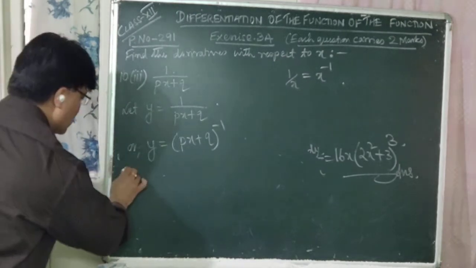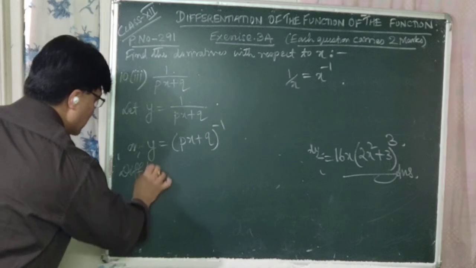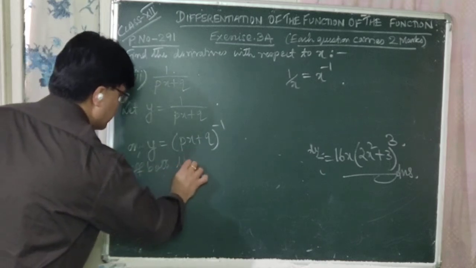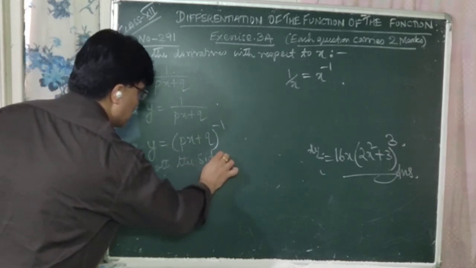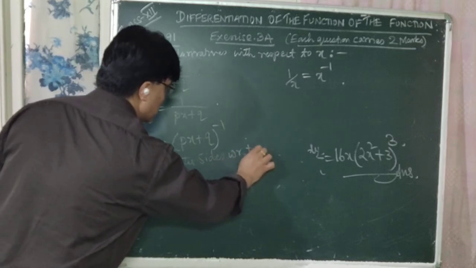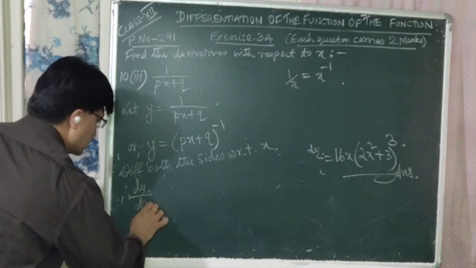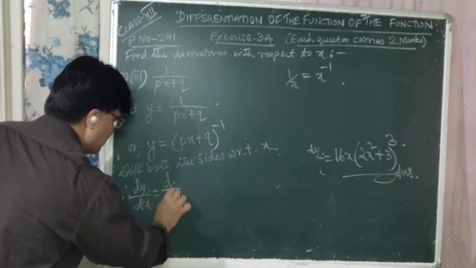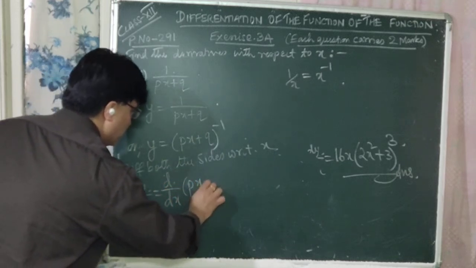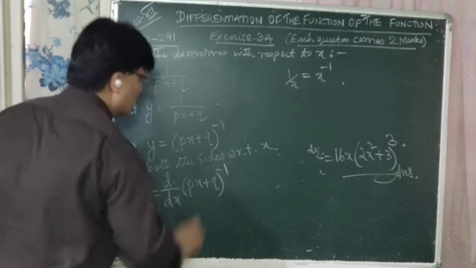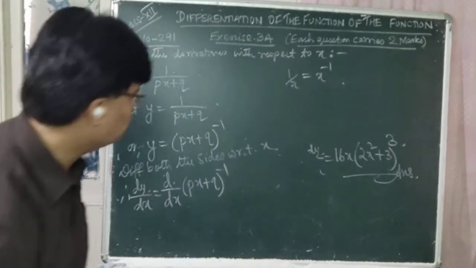Differentiating both the sides with respect to x, therefore dy/dx = d/dx of (px + q) to the power minus 1, right?